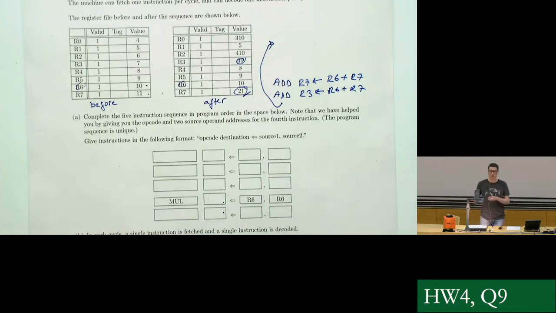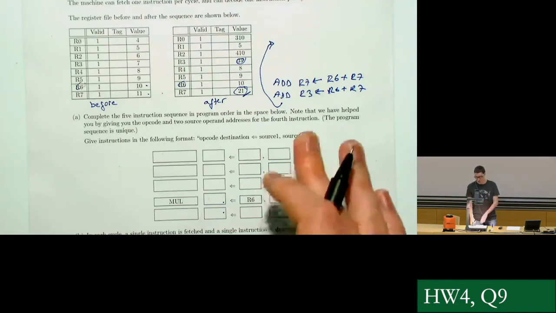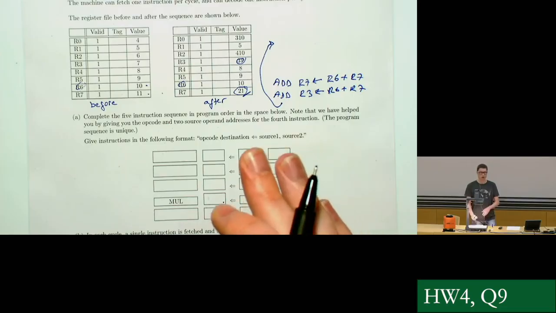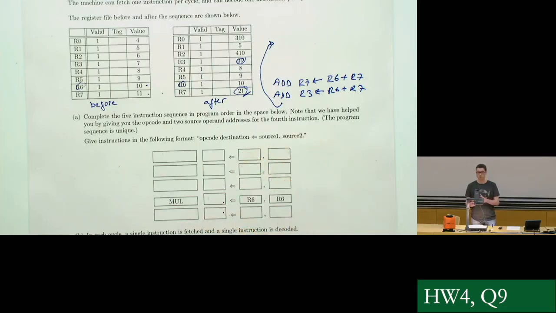Actually, when I was initially solving this question, I was just writing down those instructions, but I decided to figure out their order later based on some other information. Okay, so here what I'm doing is just writing down instructions that I can figure out by looking at this table. But it happens that all those instructions have dependencies between them, so it's very easy to figure out the order.